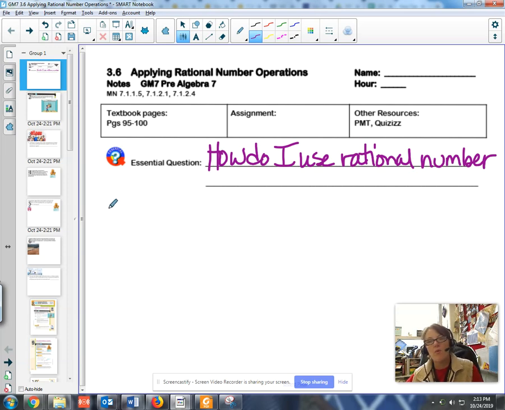All right, so now we're kind of bringing it all together here, and we're trying to figure out how do I use rational numbers and tools, meaning like calculators and such, to solve problems.